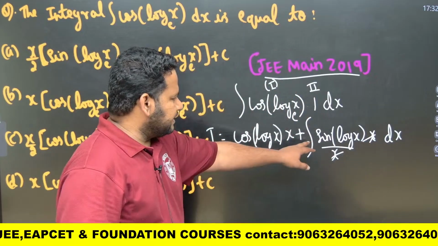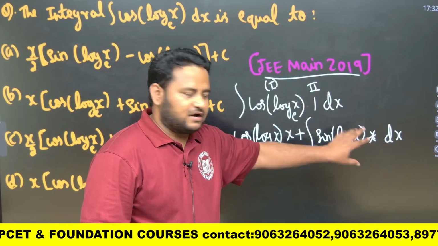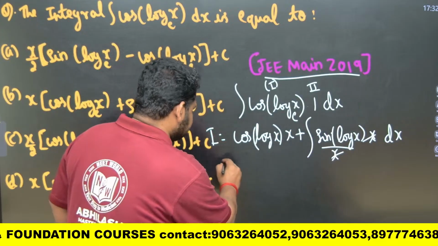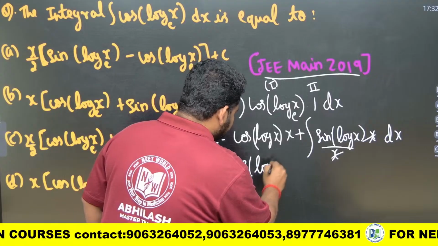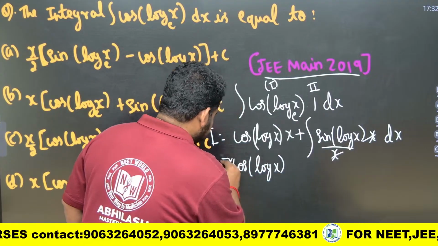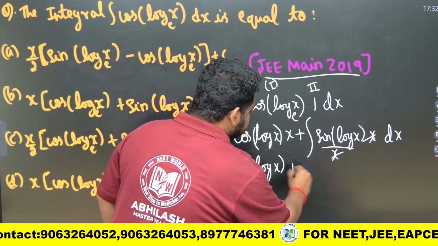Now again I should apply integration by parts to this function. So I is equal to x cos log x plus the integral of sin log x.